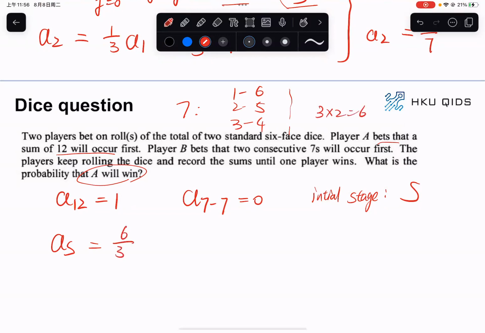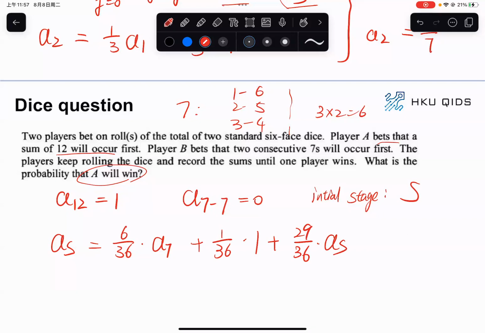So there are 6 over 36 probability that we can go to A7, where the first 7 comes out, plus, if there is directly a 12 coming, which is 1 over 36 multiplied by 1, right? And there are all the leftover states, 29 over 36 multiplied by AS itself, right?